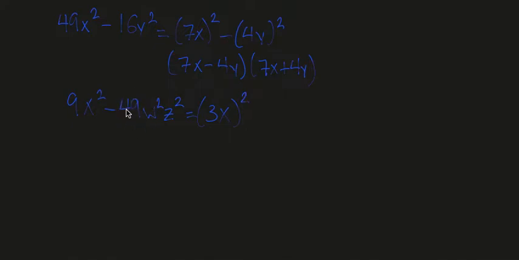And then what term multiplied by itself will make 49w squared z squared, and that's going to be 7wz. 9x squared minus 49w squared z squared is going to factor out into 3x minus 7wz times 3x plus 7wz.